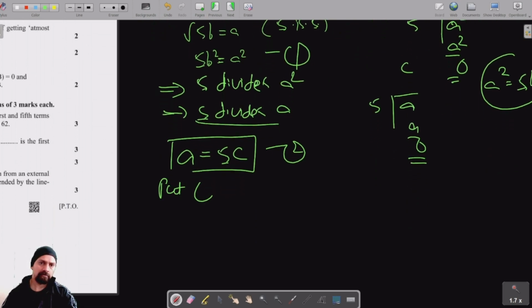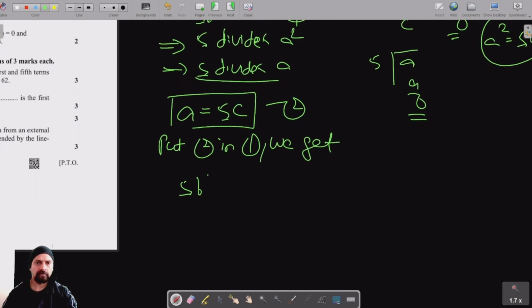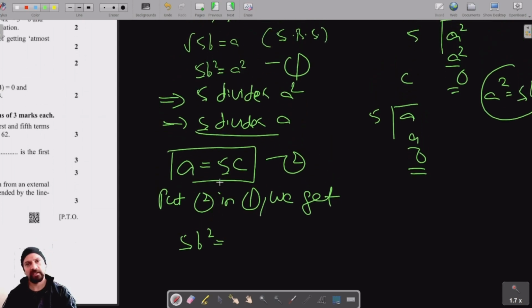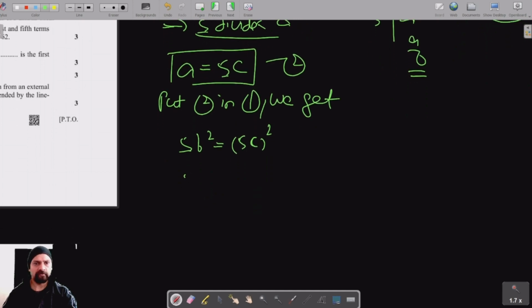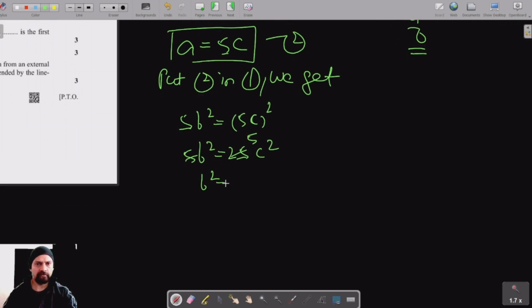equation 1. We get 5b square, and a square is 5c the whole square, which gives us 5b square equals 25c squared. So b square is equal to 5c squared.